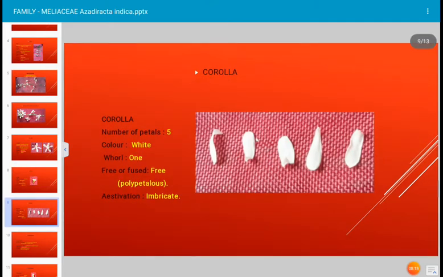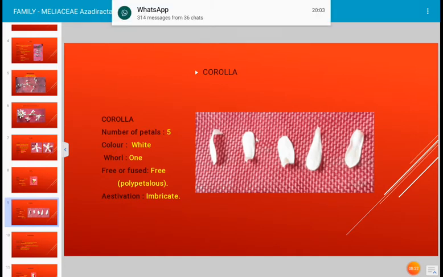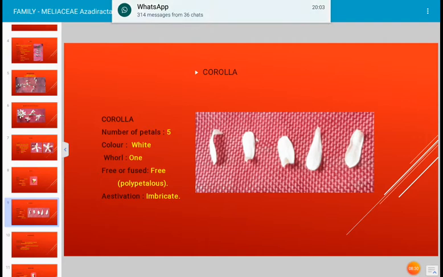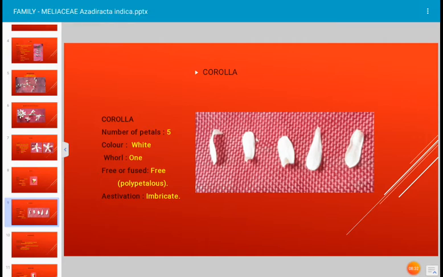Next, this is the corolla of Azadirachta indica. Corolla consists of petals. There are 5 petals in the corolla of Azadirachta indica. Color of petals, again, is milky white, beautiful white color. And how many whorls are there?